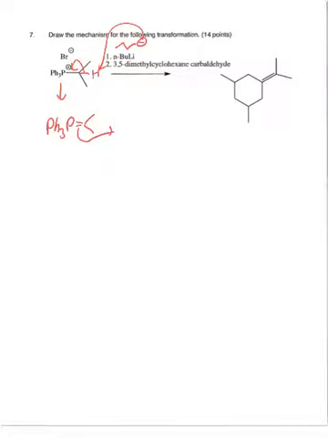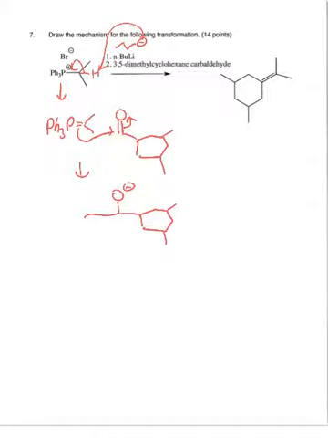Go attack the carbonyl of 3,5-dimethylcyclohexane carbaldehyde. As it adds to the carbonyl, you've got to break the double bond, so that gives us an O-, the ring with the 2 methyls on it, the carbon over here which has 2 methyls on it, the phosphorus which has the 3 phenyls and a positive charge.